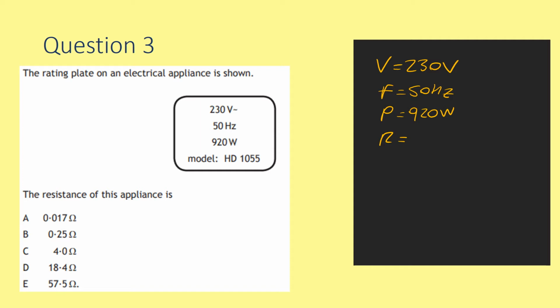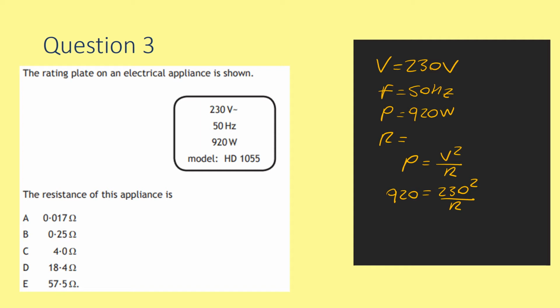If we look at our relationship sheet, we can see an equation for power which involves voltage and resistance, and that is P is equal to V squared over R. Substituting in the values, we end up with 230 squared over R is equal to the power, which is 920 watts.